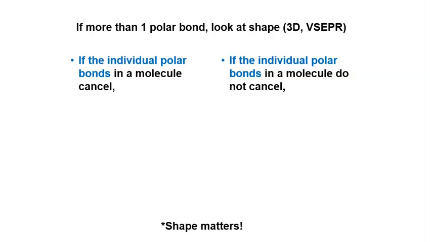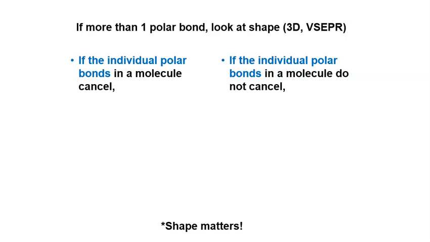But that leads to the question, what if there's more than one polar bond? If there is more than one polar bond, then we do need to look at the shape. When I say shape, I mean the molecular geometry. We need to think in 3 dimensions, and we need to apply VSEPR theory, which stands for valence shell electron pair repulsion theory.